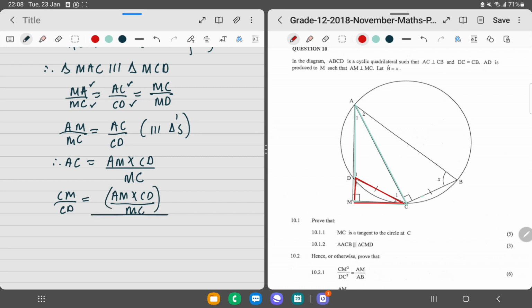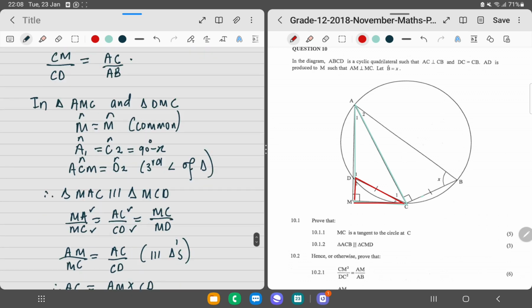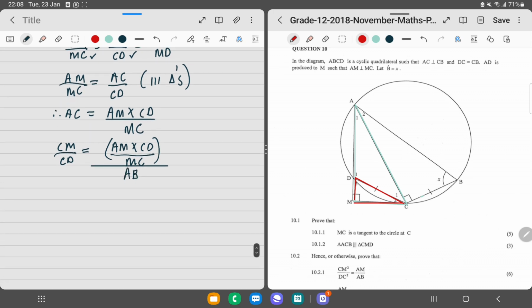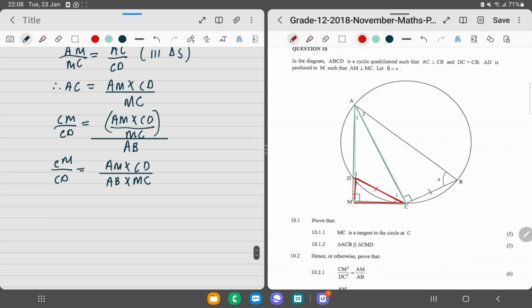And then all of that should be divided by AB. CM over CD is equal to AM multiplied by CD over AB times MC.